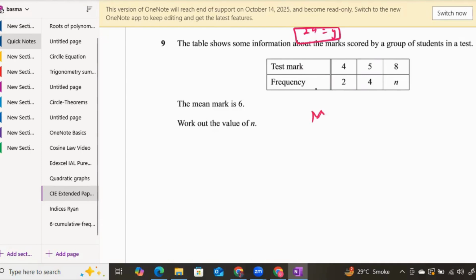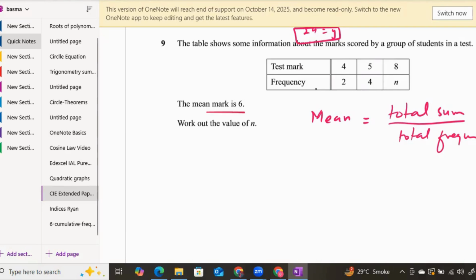Let me write the mean formula. The mean formula is you get the total sum of the marks over the total frequency, over the total number of times that thing has been repeated. Okay, so how will we get the total sum?